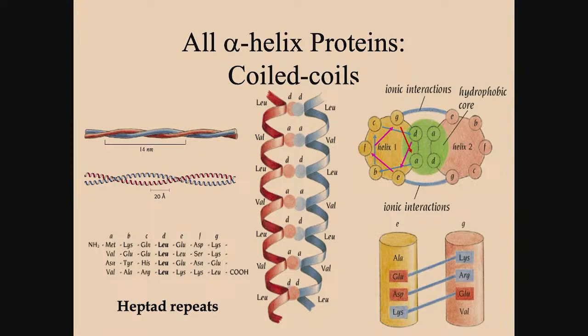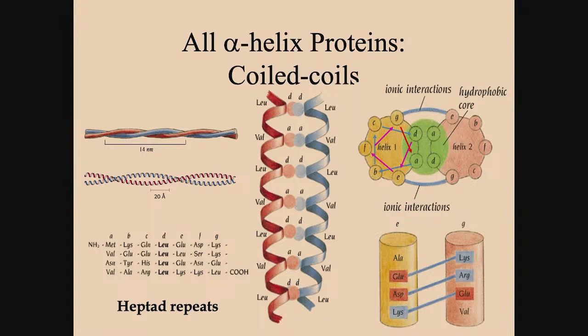You start from residue A right here, and then next residue B, C, D. That's one turn. One turn of helix is about 3.6 residues per turn. So you end up next to A, but not exactly on top of A. So you go one more round, E, F, G, and then H.